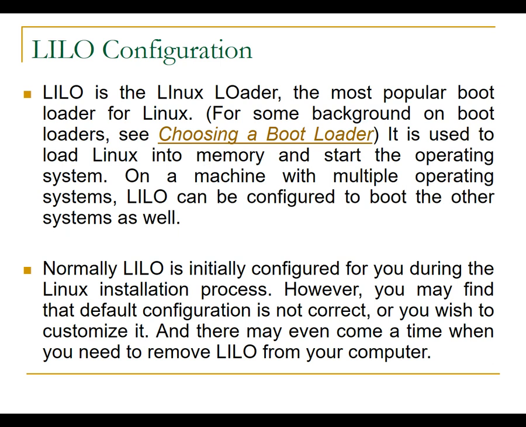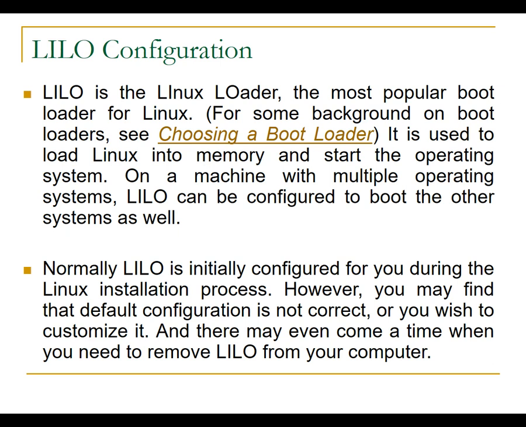Now, it is used to load Linux into the memory and start the operating system. Once the machine is initiated with the power button, the first process handled by the entire operating system is the loading of the operating system from the main memory.